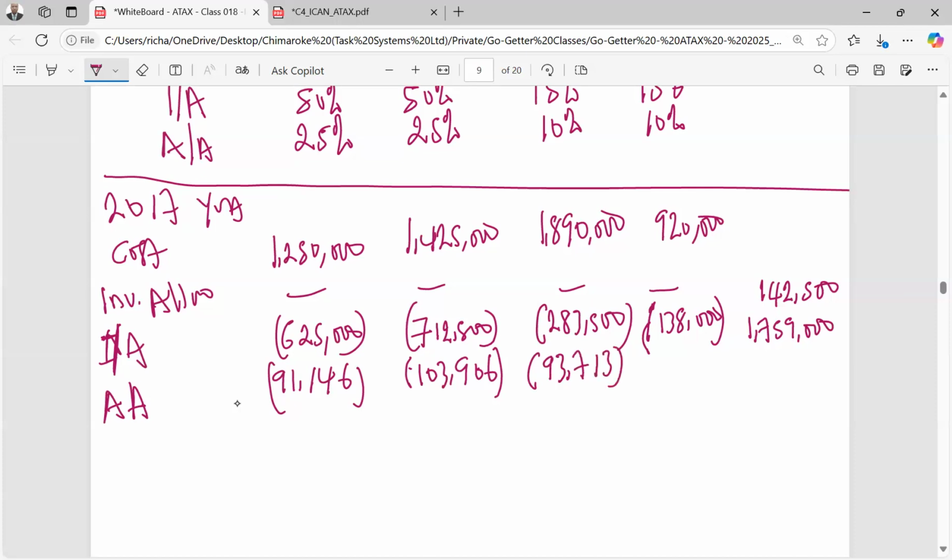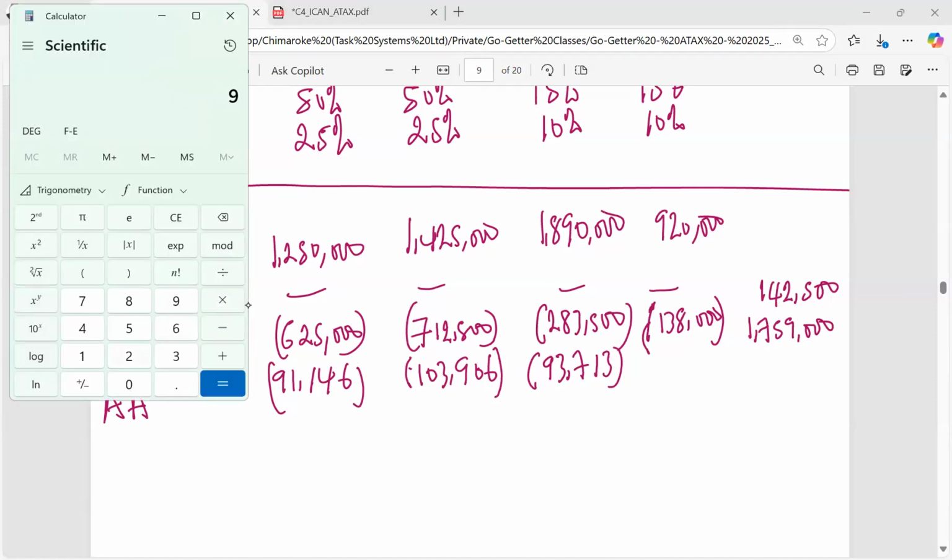Then I'll do the last one. 920,000 minus 138,000 gives you 782,000. Now I divide by 10 years because it's 10%. That gives you 78,200.